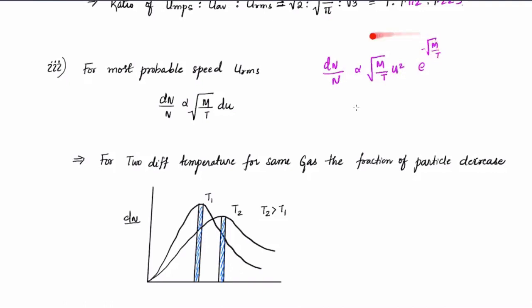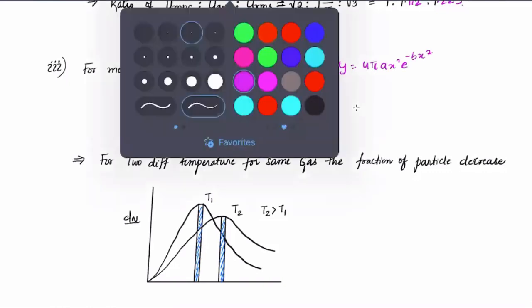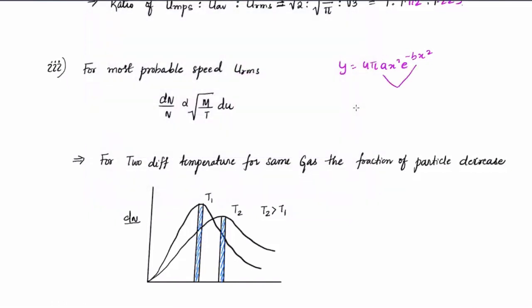In the overall equation, when we write the Boltzmann's curve, we always get root of M by T. I told you while writing A and B also that y is equal to 4 pi A x square exponent of minus B x square. I told you there also that this A and B both will depend on M by T.